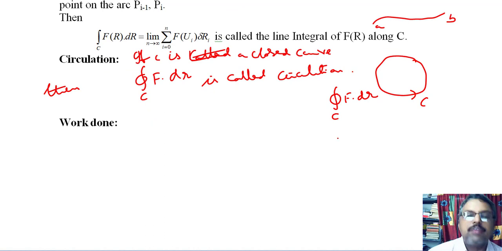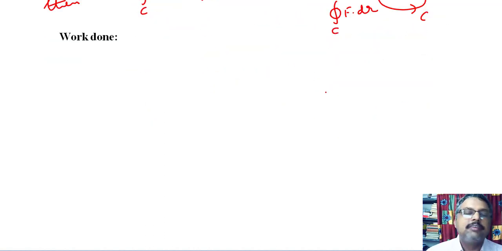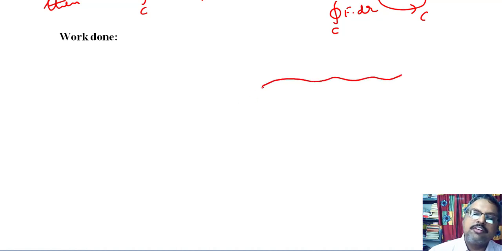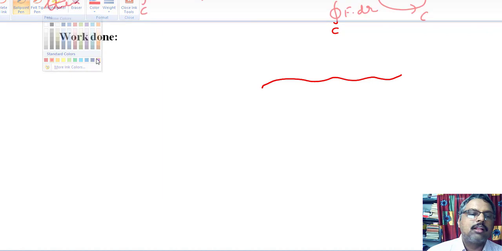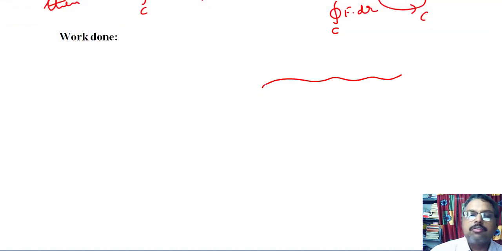Now, one more very important application of line integral. Just for understanding, suppose we have a curve, with first point A and point B, and a particle at the first point.